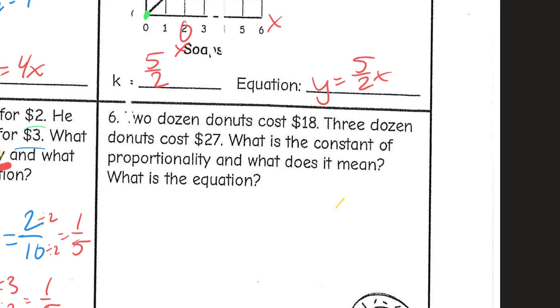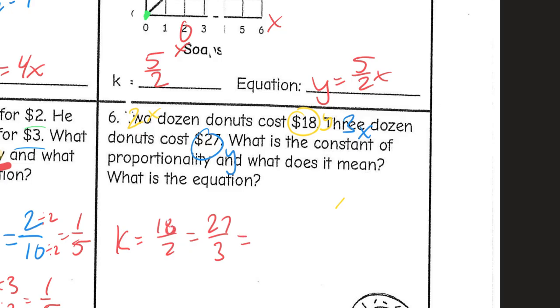Okay, so here we have 2 dozen that cost 18, or we have 3 dozen that cost 27. Y, X. So K is either going to be 18 over 2, or it's going to be 27 over 3.